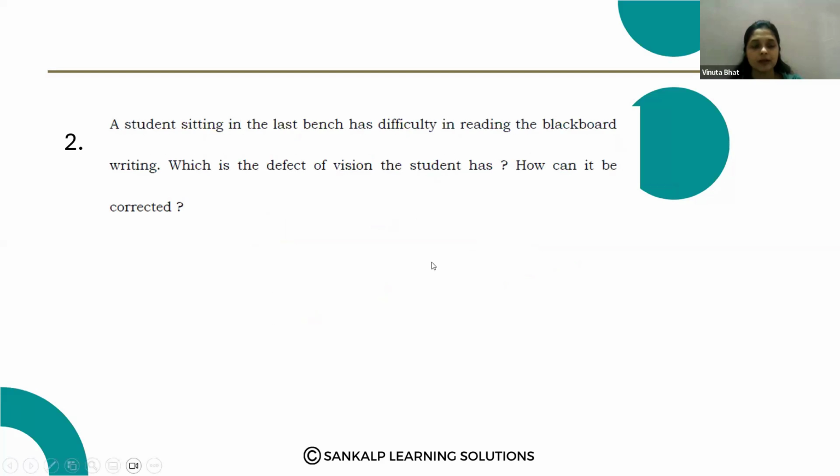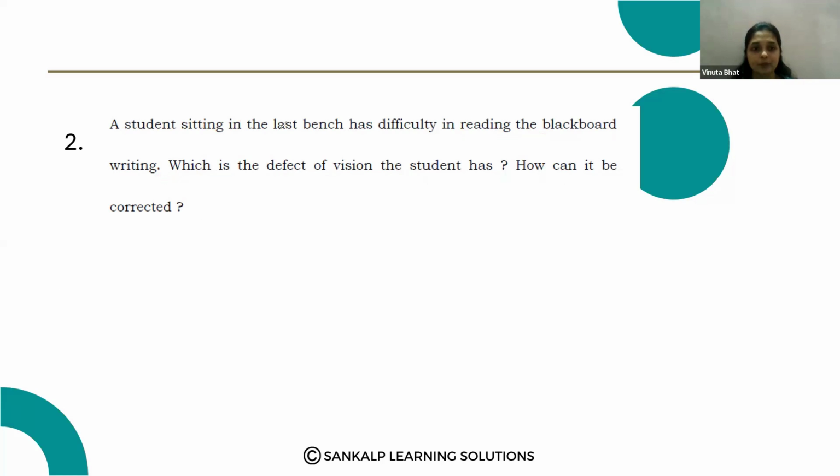Next question. A student sitting in the last bench has difficulty in reading the blackboard writing. Which defect of vision does the student have? How can it be corrected?